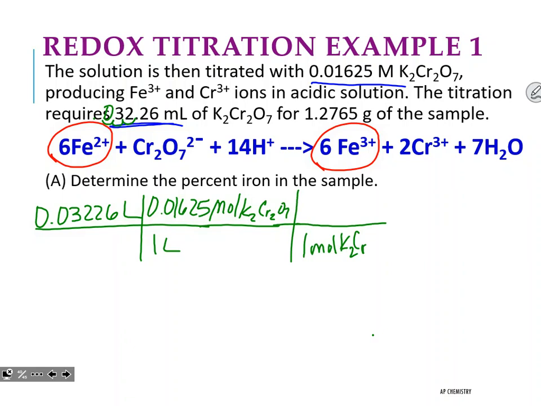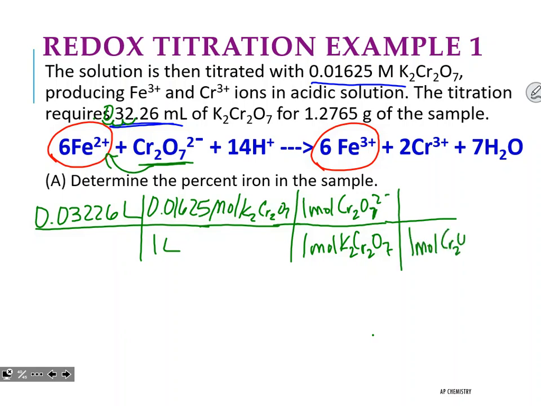So 1 mole of the potassium dichromate goes to 1 mole of dichromate. Now, from dichromate, we can figure out how much iron it's reacting with. 1 mole of dichromate gives you 6 moles of your iron.